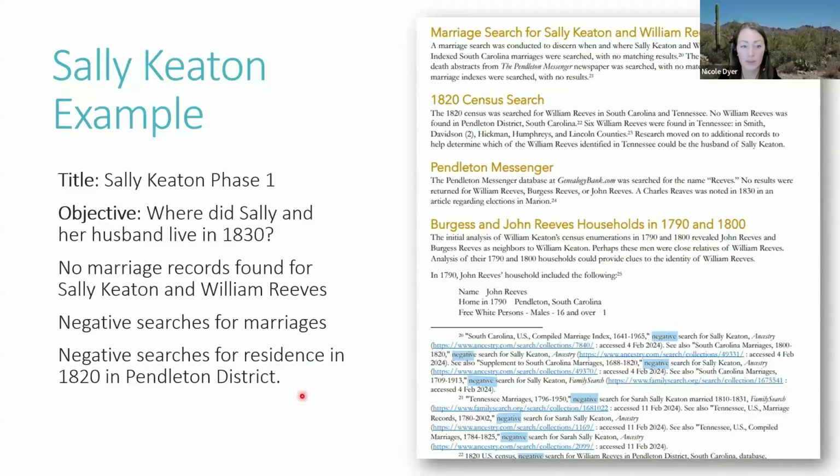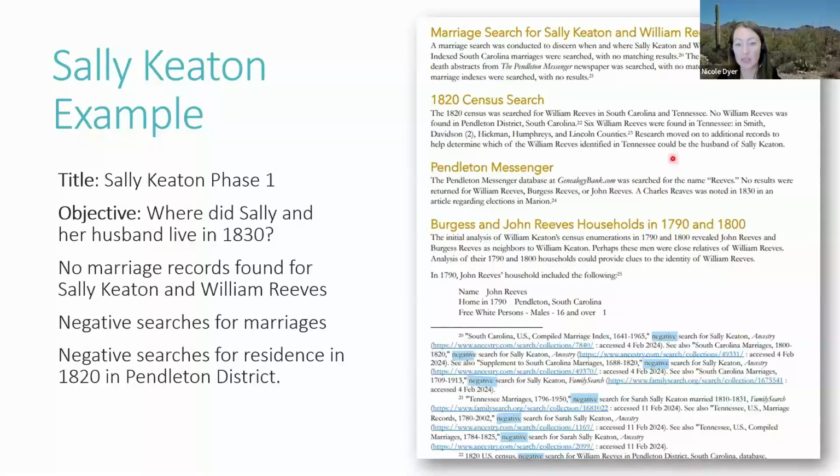Then I also had a sentence and a paragraph for negative searches for the 1820 census in Pendleton District. So showing that they were not living in a place in 1820. I searched that 1820 census, and William Reeves was not living in Pendleton District, South Carolina. And then footnote 22 shows 1820 census, negative search for William Reeves in Pendleton District.